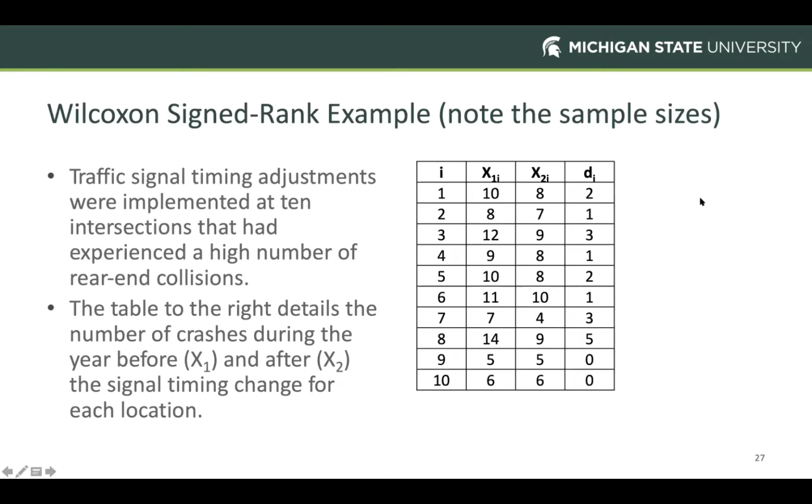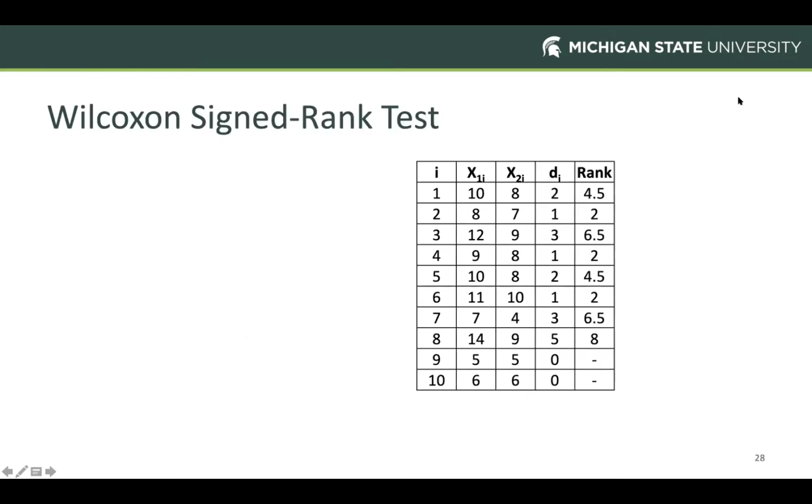So this is a relatively small sample here. And so though we're going to use that normal approximation, I should note that we would prefer to have larger samples in order to apply this test in practice. But again, just to allow for an apples to apples comparison with some of the preceding tests.